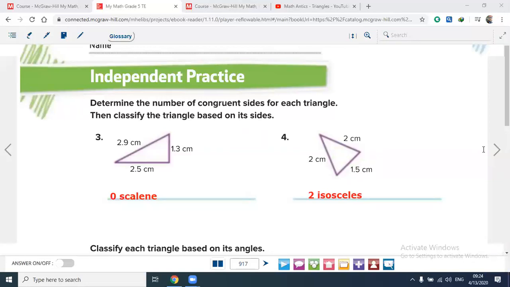This is common in the SPS electronic homework. It's common in the homework. Just write the number of congruent sides and write the type. Here I have 0, write scalene. Second one, I have 2 congruent sides, so it is isosceles. Okay, next one.